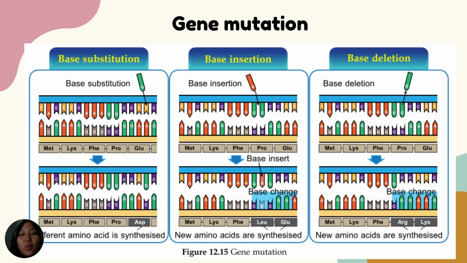Originally it has 2 guanine here, and now it only has 1 G left, so it has already changed. Looking here, from PRO GLU, now it becomes ARG and LYS. It has already mutated, spontaneously changing into another type of protein, amino acid. All right, so that is a gene mutation. So we have basically 3: substitute, insert, and also delete.